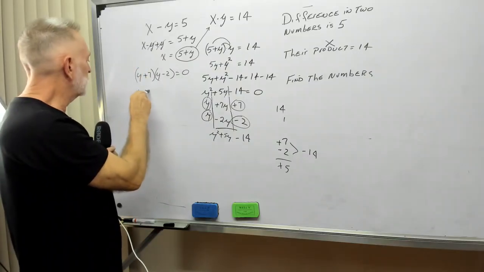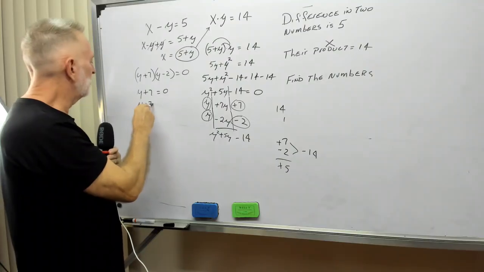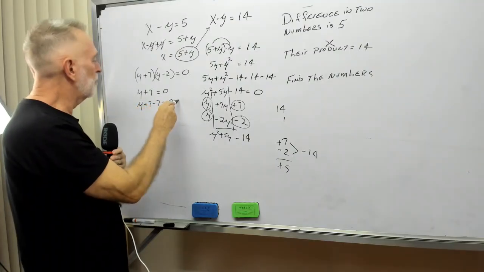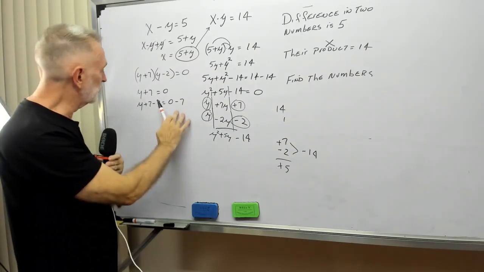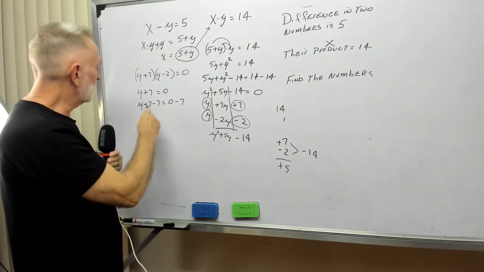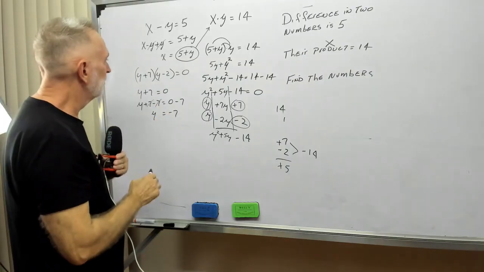Y plus 7 equals 0. Y plus 7 minus 7 equals 0 minus 7. All I've done is subtract 7 from both sides. 7 minus 7 is 0, so Y equals negative 7.